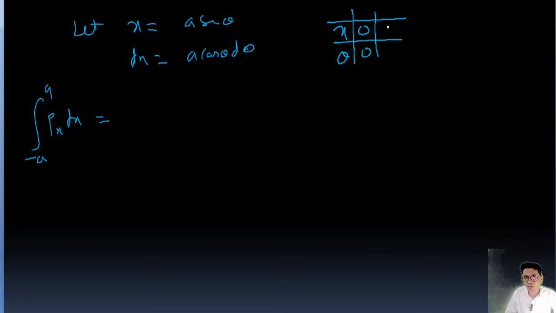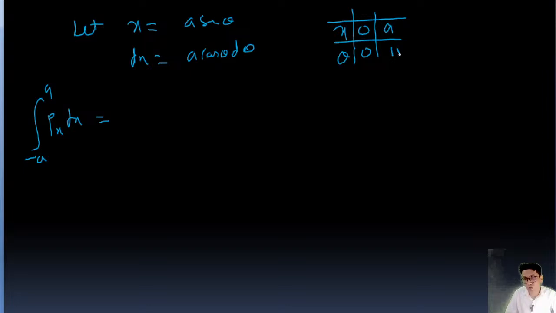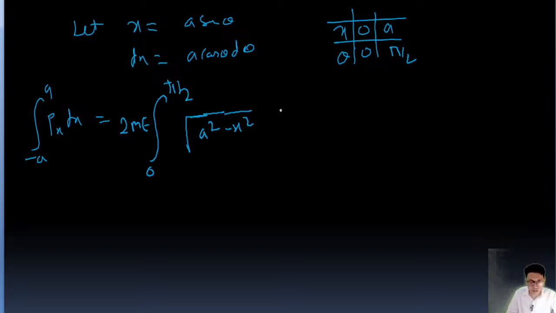When x equal to a, the value of theta is going to be pi by 2, because a and a will get cancelled, sine theta equal to 1. It means theta equal to pi by 2. So these are the limits, we'll change limits. The limit is going to be 0 to pi by 2, and we'll take 2mE common. And this is going to be root a square minus x square dx, okay?